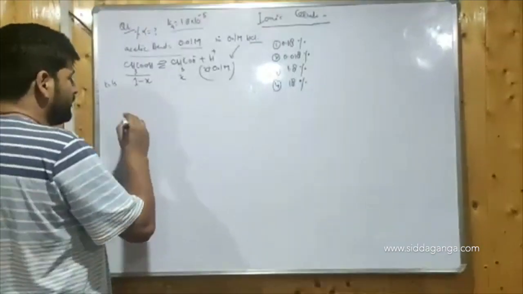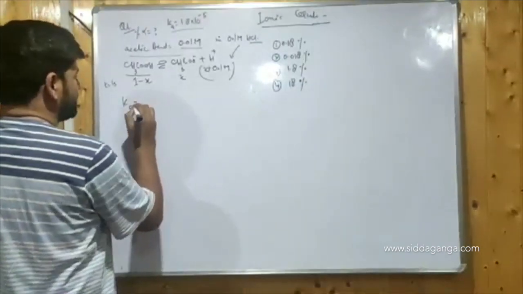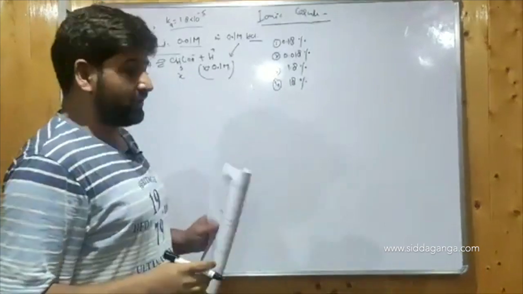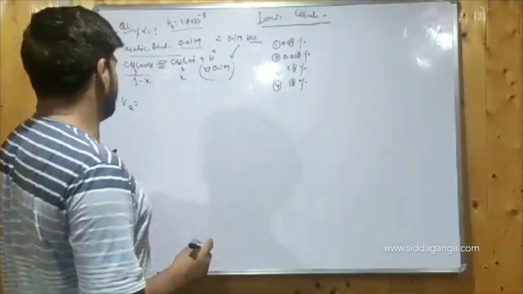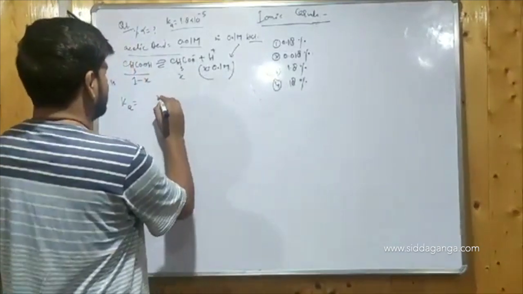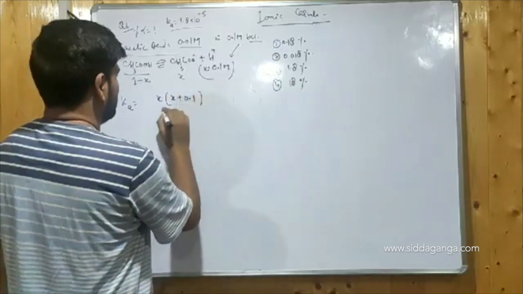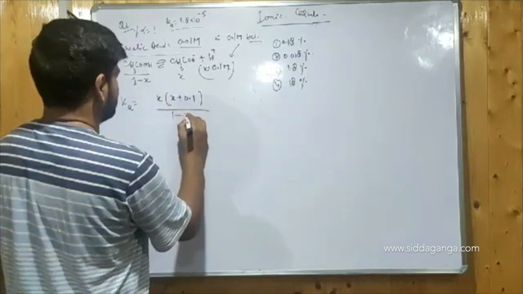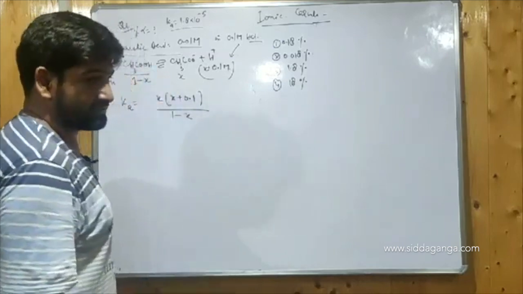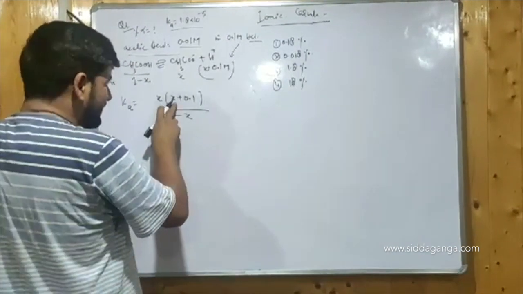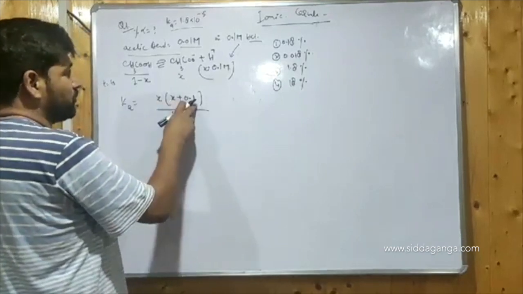Good. Now we know Ka, the dissociation constant of the acid. What is it equal to? It's equal to the molar concentration of products by reactants. So what can I write down? It is X into (X plus 0.1) divided by (1 minus X), the molar concentration of reactants. Is it clear? So we can neglect this X with respect to 0.1. Can we?